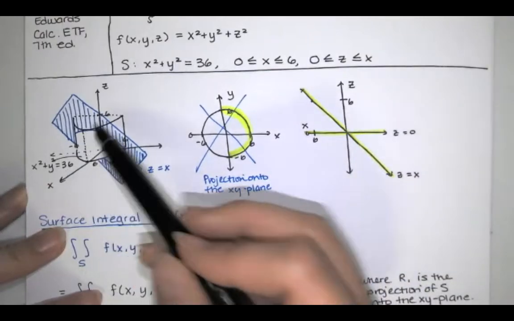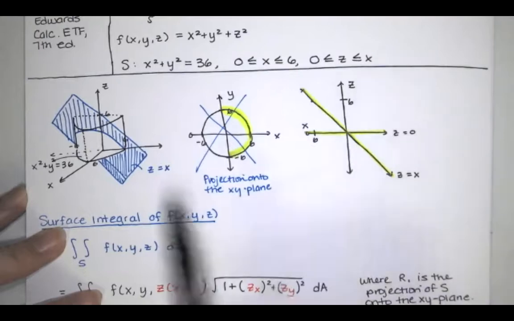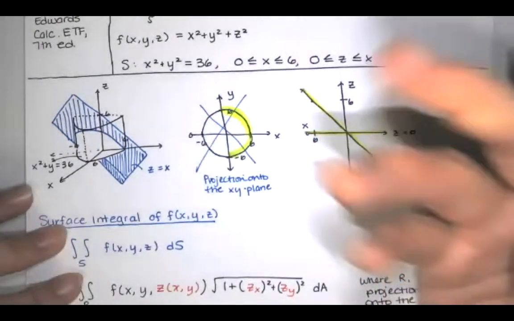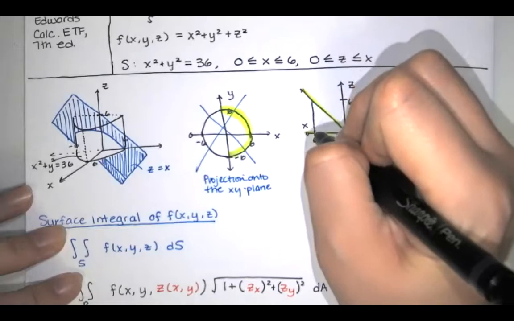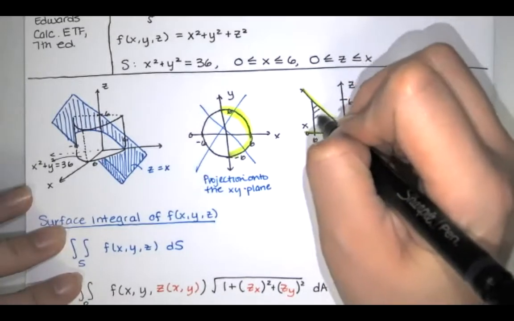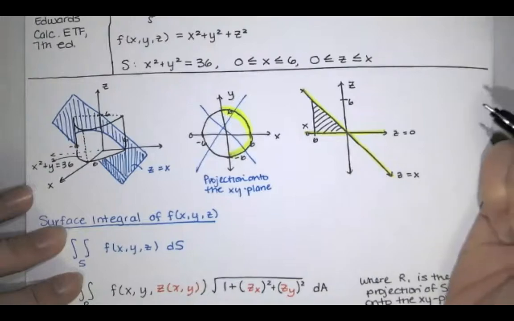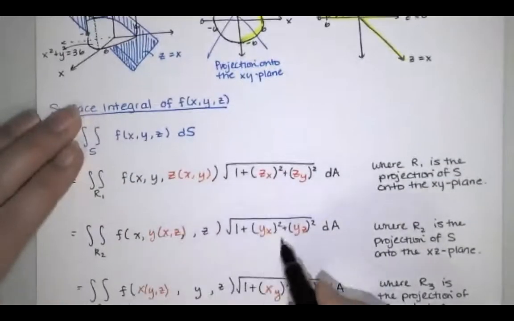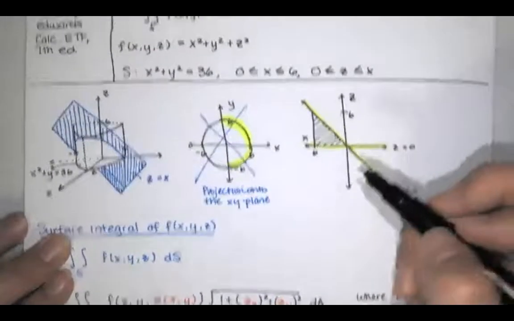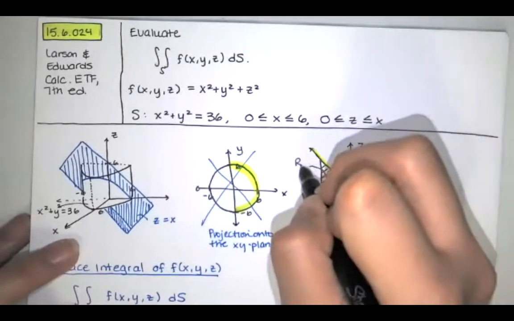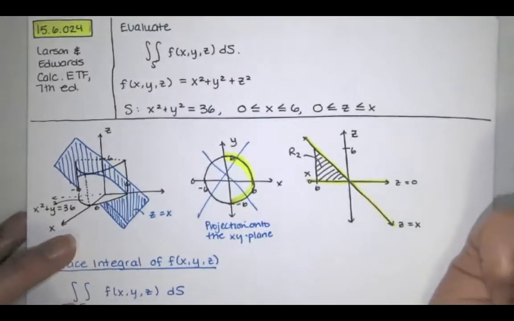Z is between 0 and X, that's what it would look like. And X is between 0 and 6. So I think our region would look like this in the XZ plane. So that would be for this second integral. If we wanted, we could write this entire integral in terms of x and z and then integrate over this region R2. That's one option.